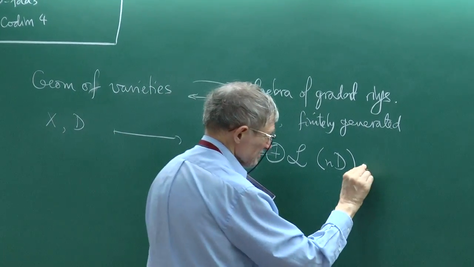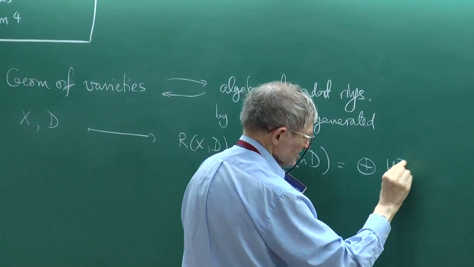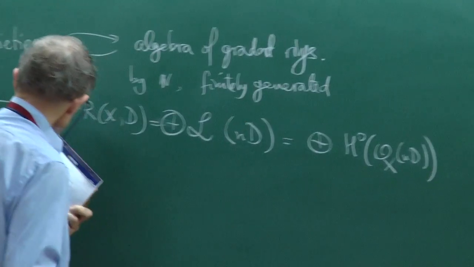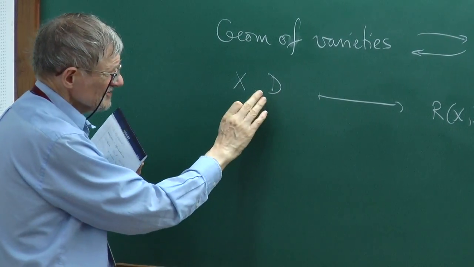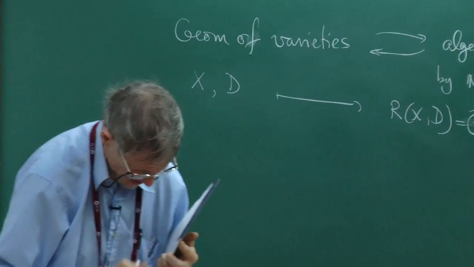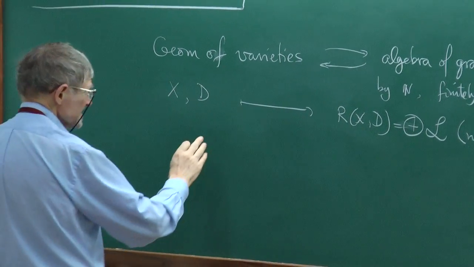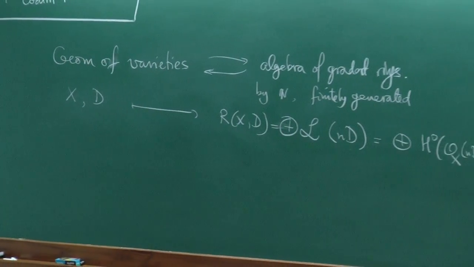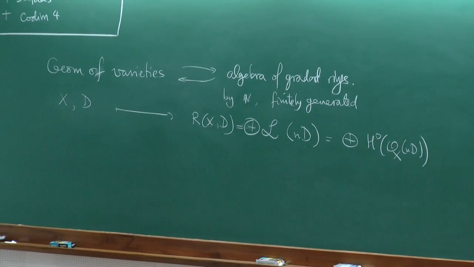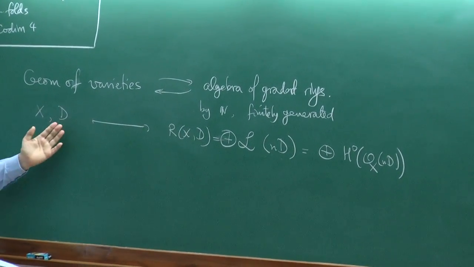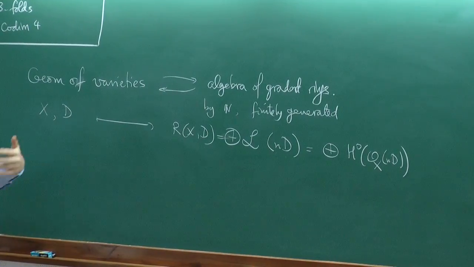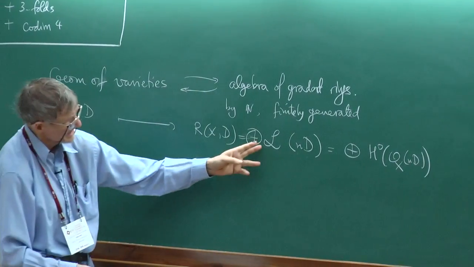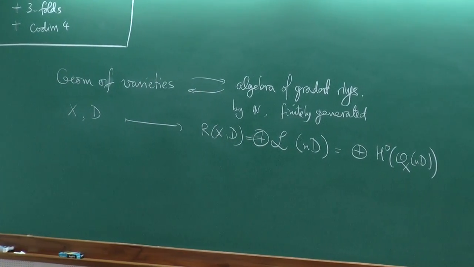Of course, this is the same thing as H^0(O_X(nD)). Under fairly general assumptions on D, but certainly not generally, this ring is finitely generated. A lot of the recent progress in higher dimensional geometry says that if D is, for example, the canonical divisor of an n-dimensional variety of general type, then this ring is finitely generated, and there are many variants on that.